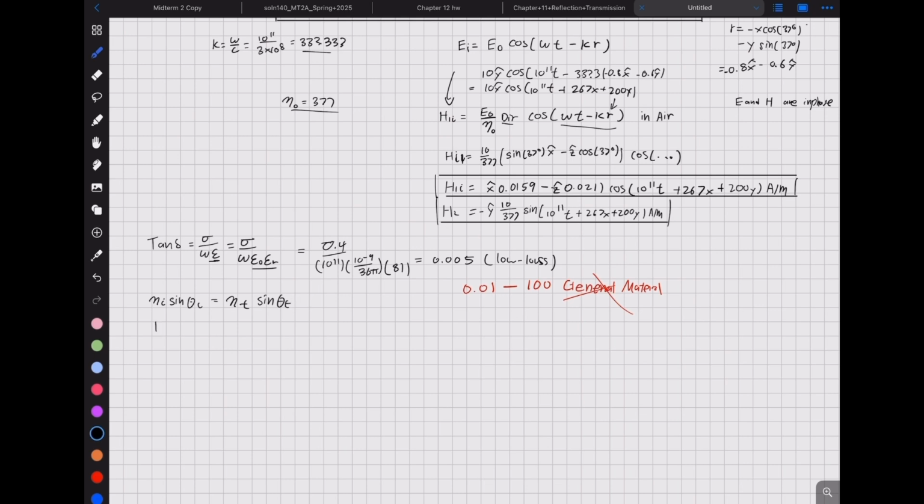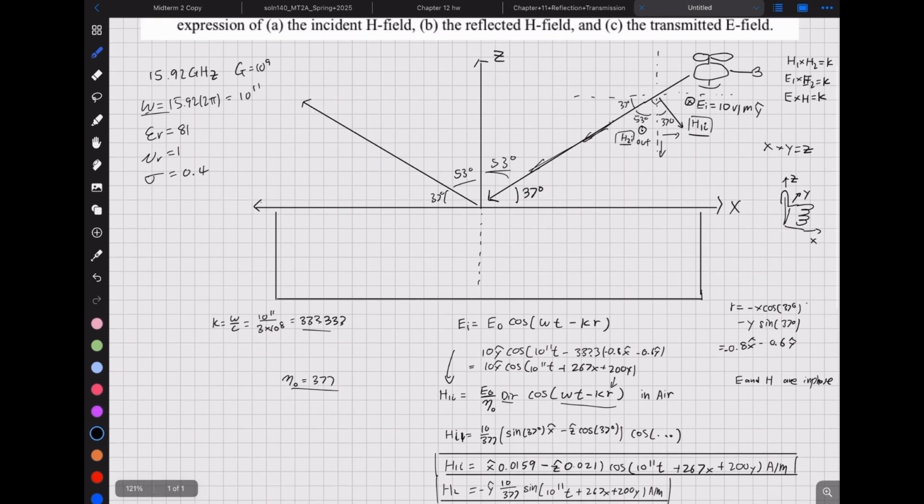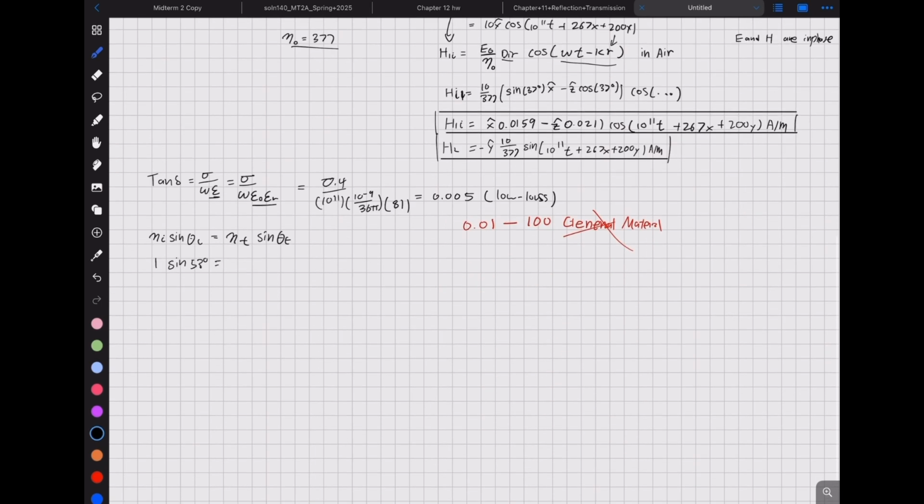So 1 in there, and the incident angle is going to be 53 degrees, because for Snell's law we need to use the angle that's normal to the plane. So this is our plane down here, and this is normal to it. So we're going to be taking this angle here, 53 degrees.